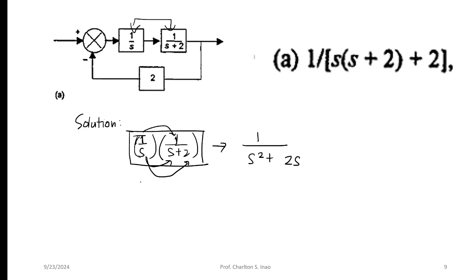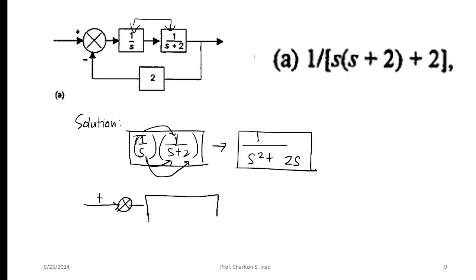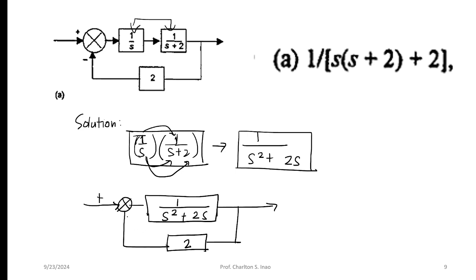And then we're going to put that simplified block diagram of the forward loop into the original block diagram. So we just have to copy this. 1 is the numerator, and this one is S squared plus 2S. So there's a signal here, and then there's a block in the feedback loop.